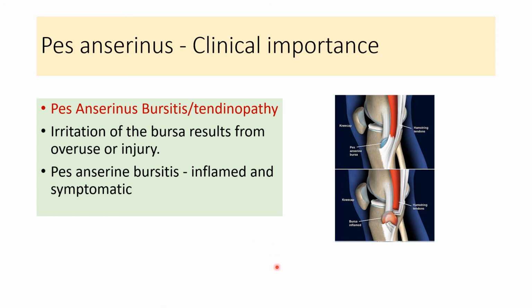Then you call it pes anserinus bursitis, that is an inflamed bursa, which can produce the symptoms as we have seen in the present case. So you can see the pes anserine bursa, a normal one, and an inflamed bursa.